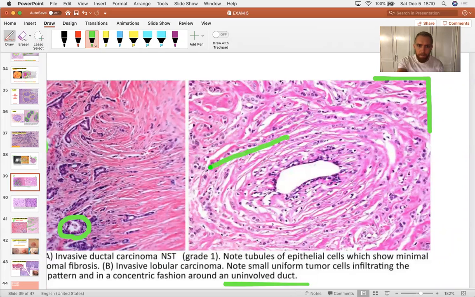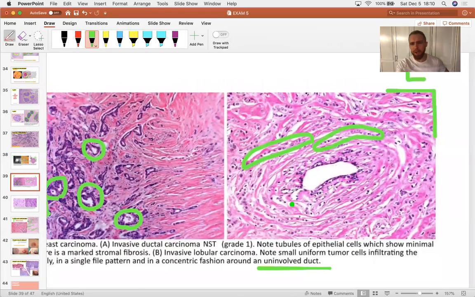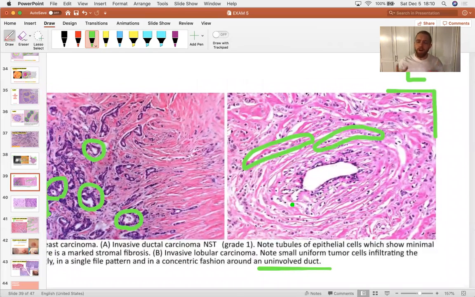Here's some, right there, straight line of cells. Here's some as well, right through here, straight line of cancerous cells. So again, they're losing their E-cadherin junctional connections, and as a result, they're just kind of filling in wherever they can, and that happens to be in a single file line.